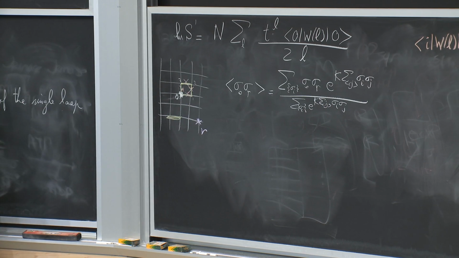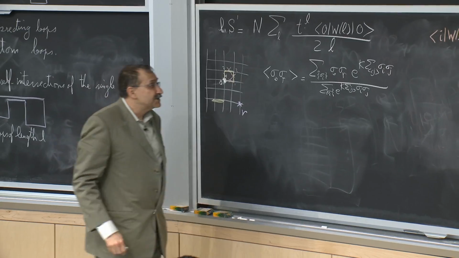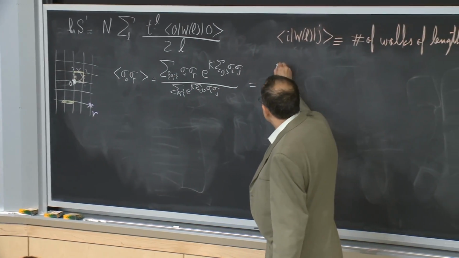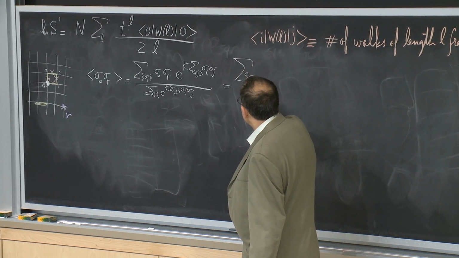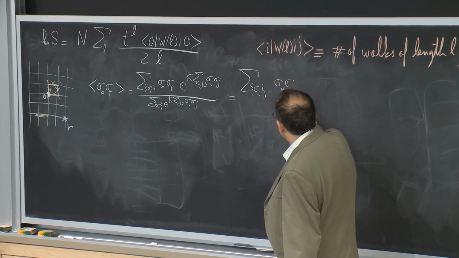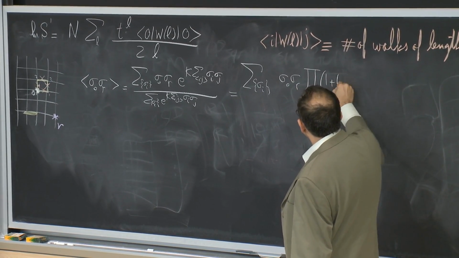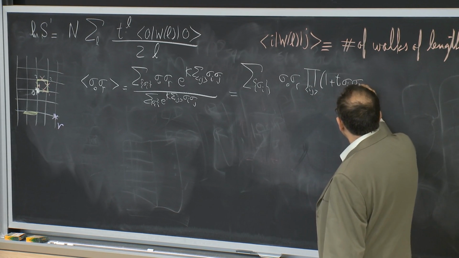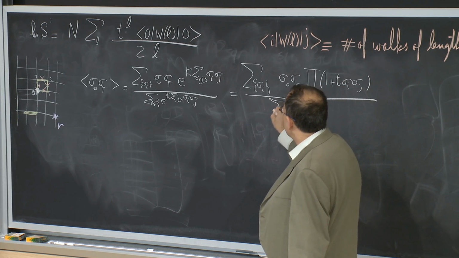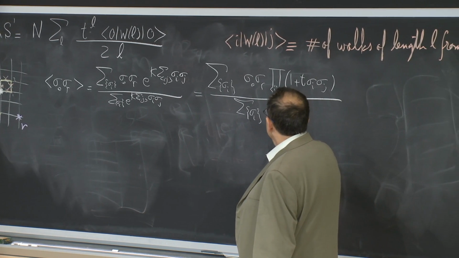And I can make the same transformation that I have on the first line of these exponential factors to write this as a sum over sigma i. I have sigma 0, sigma r, and then product over all bonds of these factors of 1 plus t sigma i, sigma j. The factors of 2 to the n cosh k will cancel out between the numerator and the denominator.